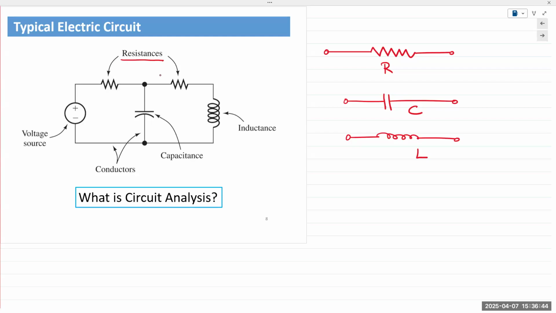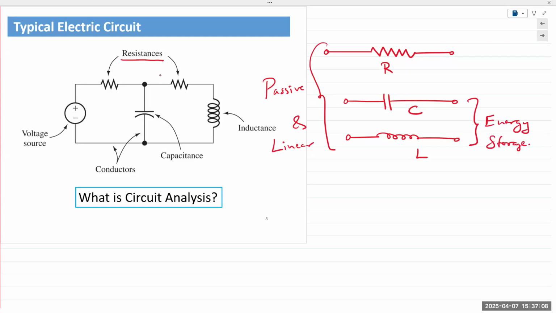This is purely resistive circuit analysis. All three are passive and linear elements, and capacitors and inductors are also capable of energy storage.